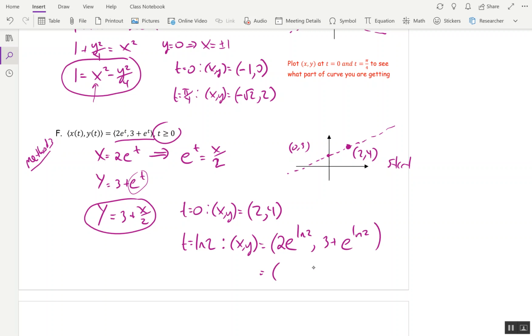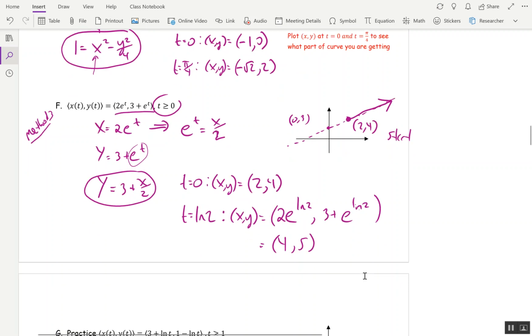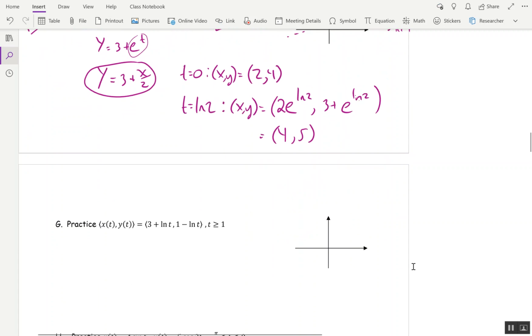Oh, sorry, I was spacing out. e to the ln2 is 2. 2 times 2 is 4. 2 plus 3 is 5. So 4 comma 5, I'm going in this direction. All right, so pause the video and give this one a shot.